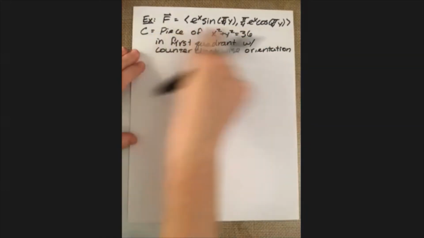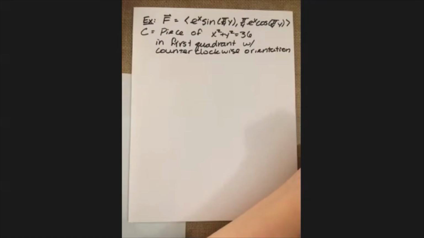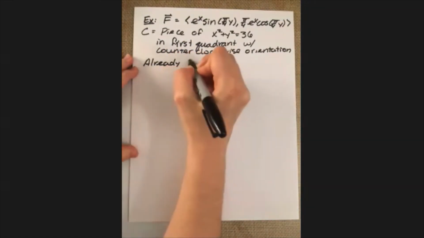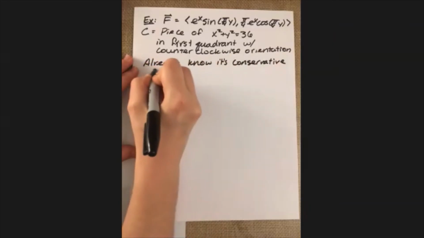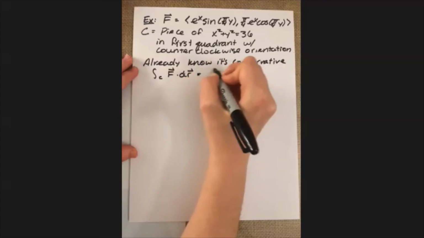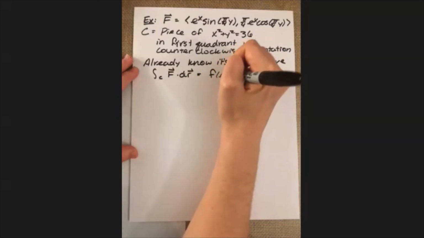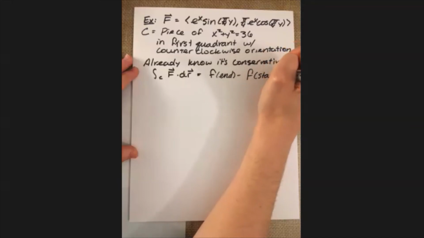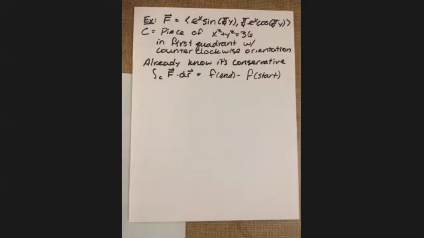We've already worked with this function up here. So we can apply our fundamental theorem of line integrals, f dot dr equal to its potential function evaluated at the end minus the potential function evaluated at the start of the curve.